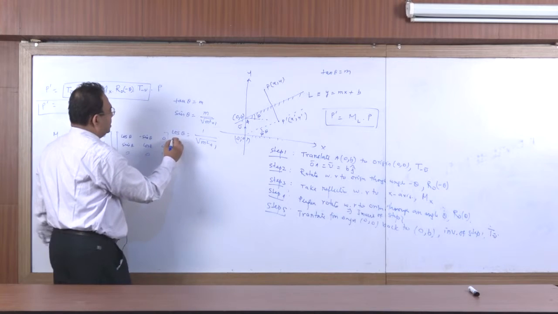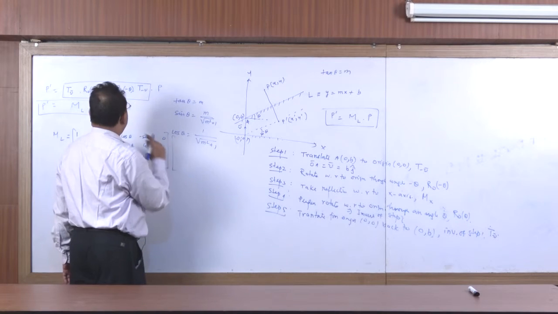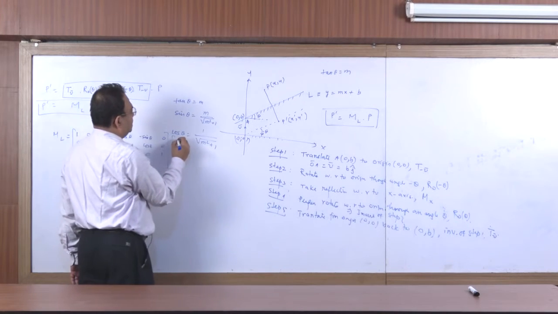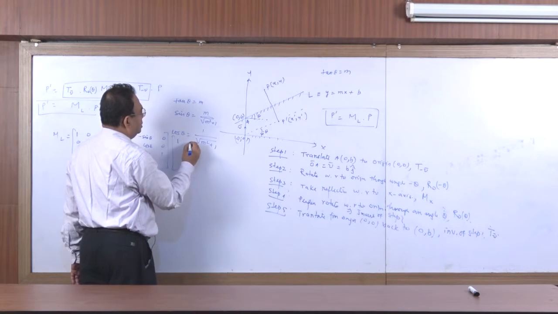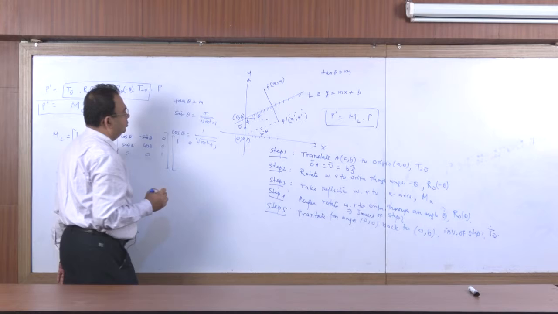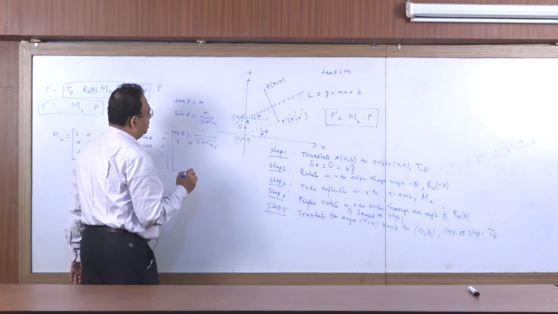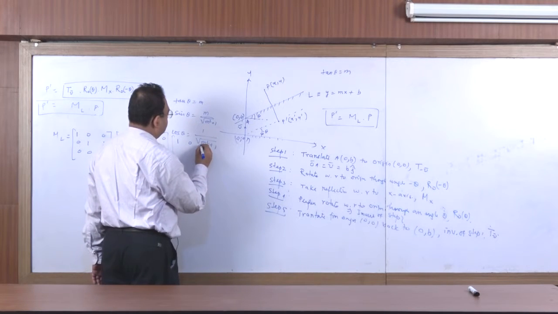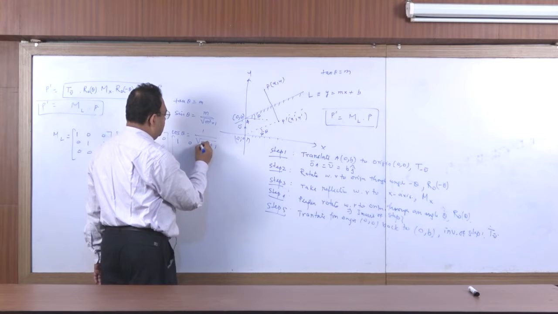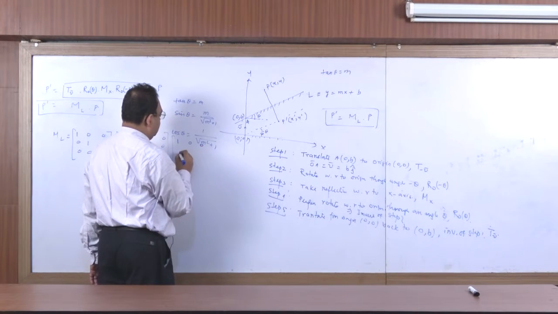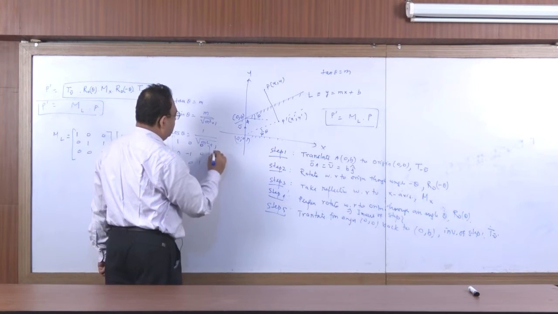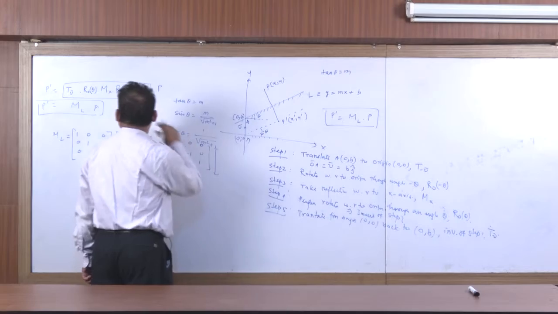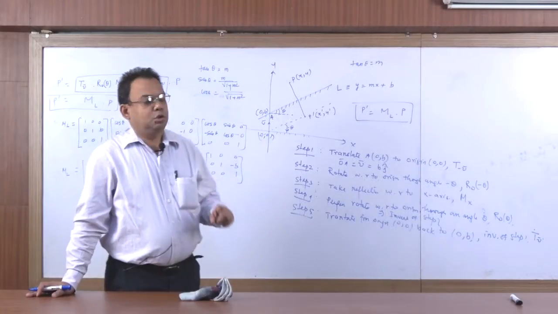and then Mx we have already obtained earlier, that is 1 0 0, 0 minus 1 0, 0 0 1, and then what is R theta?